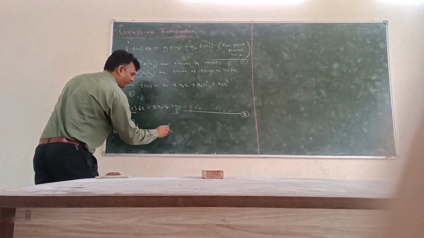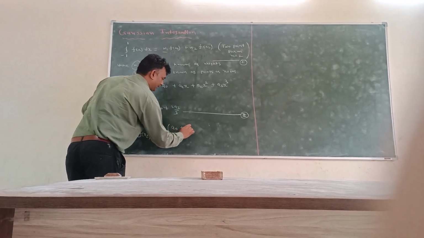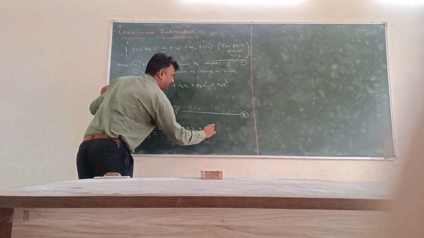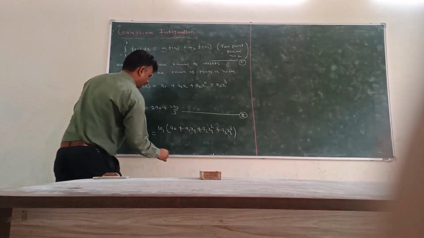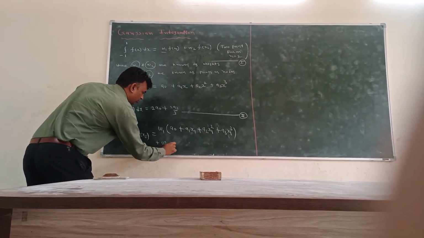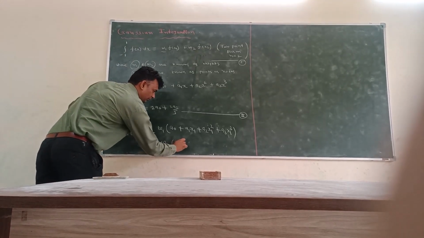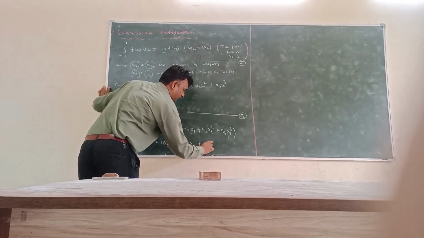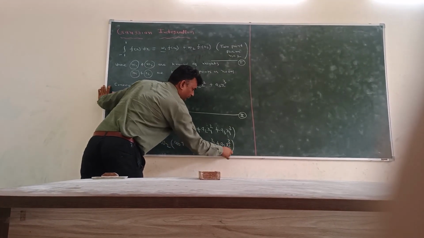So f of x1 is a0 plus a1x1 plus a2x1 square plus a3x1 cube, plus w2. Similarly, what is f of x2? a0 plus a1x2 plus a2x2 square plus a3x2 cube.